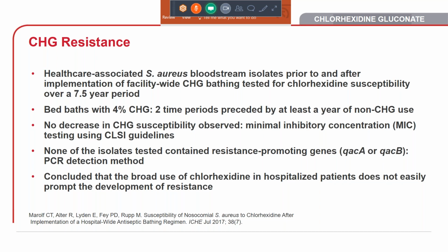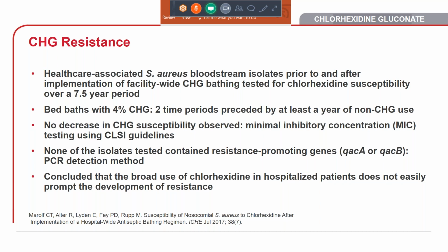And they tested them for chlorhexidine susceptibility over a 7.5-year period. Patients were being bathed with a 4% chlorhexidine. There were 2 time periods preceded by at least a year of non-chlorhexidine use in this analysis. They did not observe a decrease in chlorhexidine susceptibility.